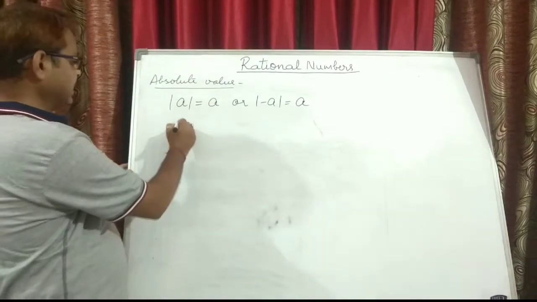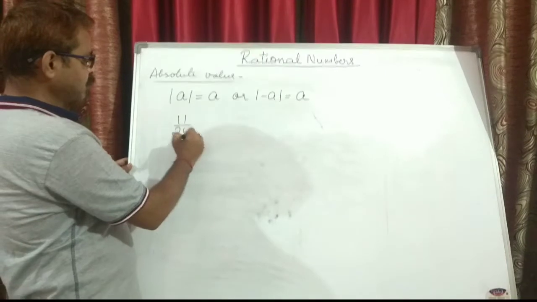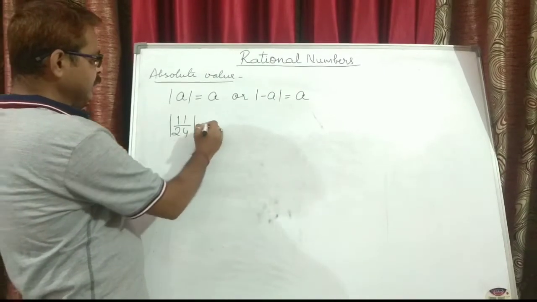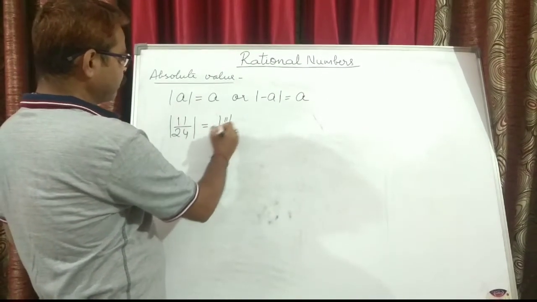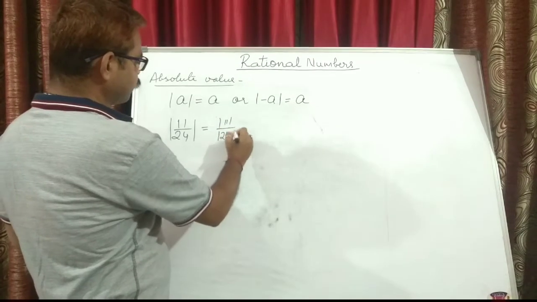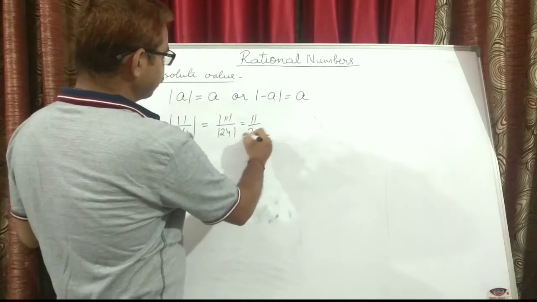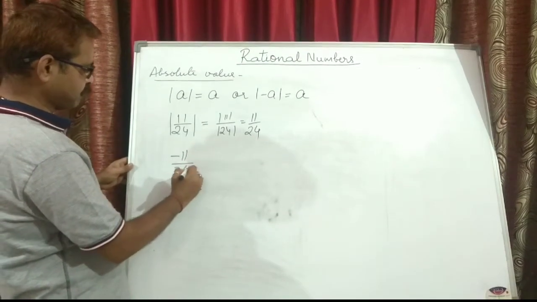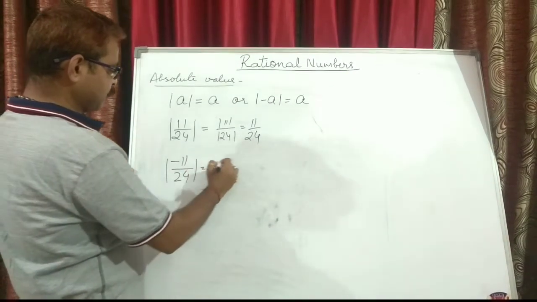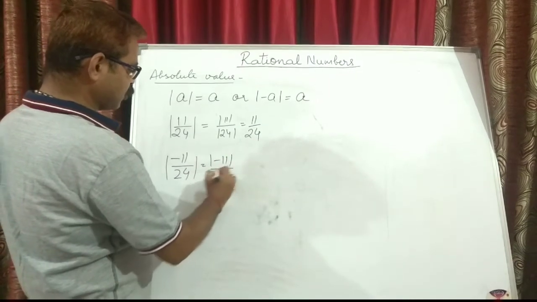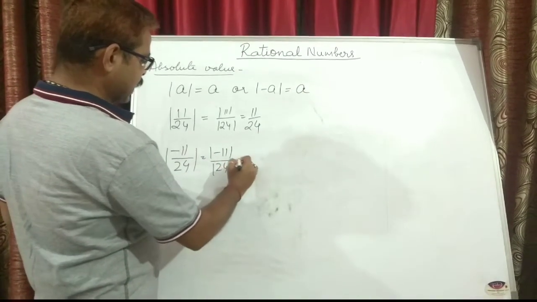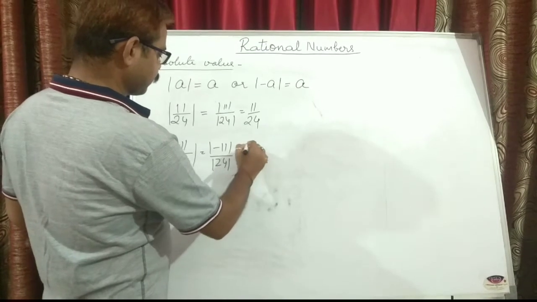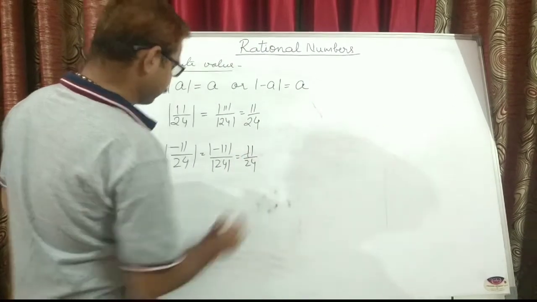Suppose I take 11 upon 24 and its mod, it can be written as mod of 11 upon mod of 24. So finally it will be 11 upon 24. Now I take minus 11 upon 24 in mods, that will be mod of minus 11 upon mod of 24, and that will be 11 upon 24.